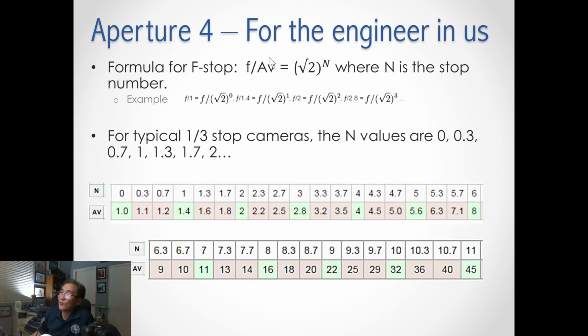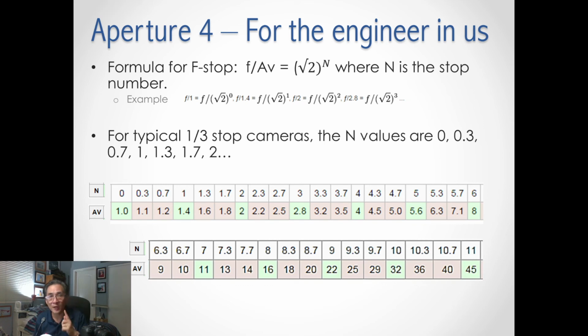It's, for an aperture value, you take the square root of 2 and multiply by the n number. The n number defined as a stop number. So if you let all the light in, you have no stop, so that would be a 0. You let half the light in, that's 1 f-stop, right?